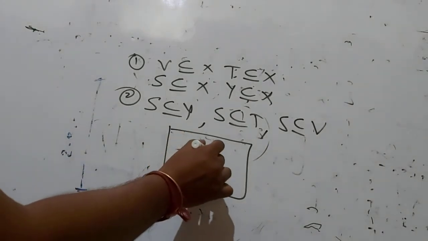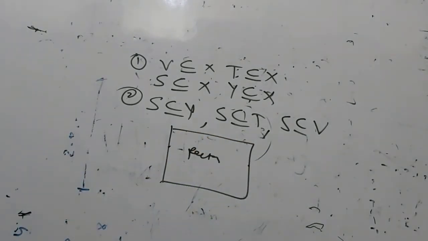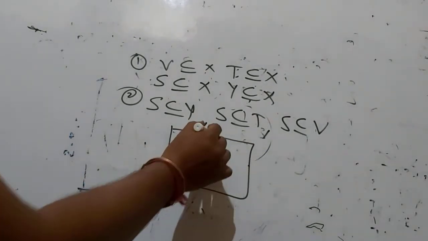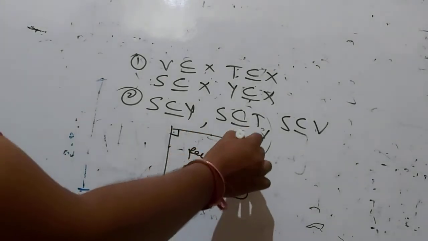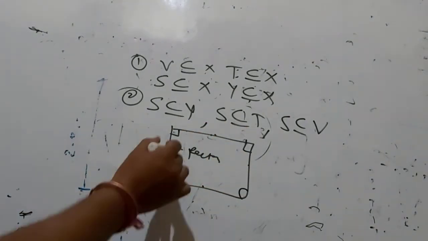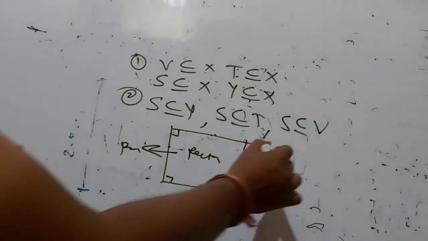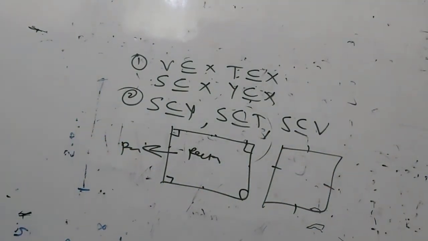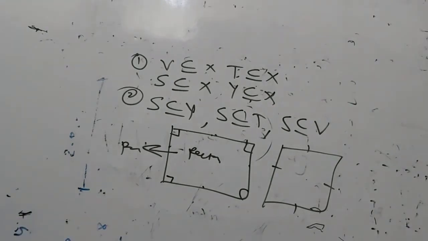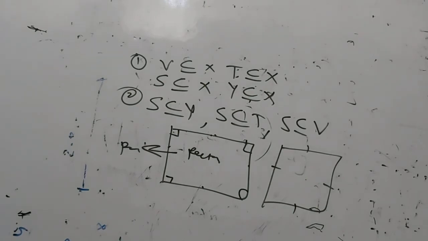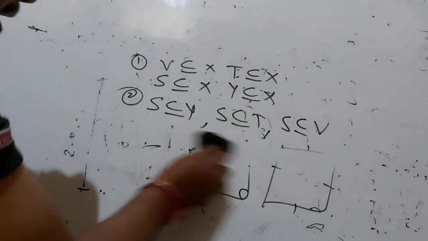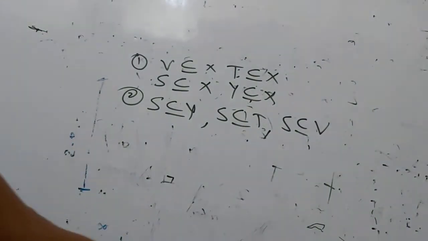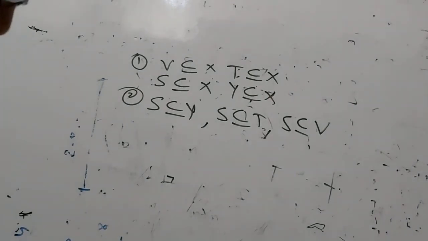Suppose it is a rectangle, its opposite sides are parallel, no doubt, as the angles are 90-90, so their opposite sides are parallel. So it is the property of a parallelogram. And if it is a rhombus, no doubt opposite sides are parallel, so it is also the property of a parallelogram. So you can say every rhombus is a subset of parallelogram, and also rectangle is a subset of parallelogram.